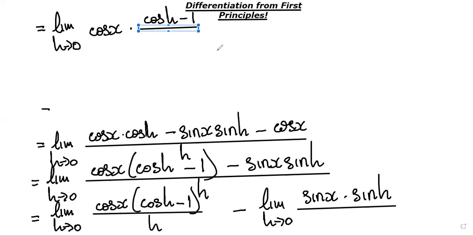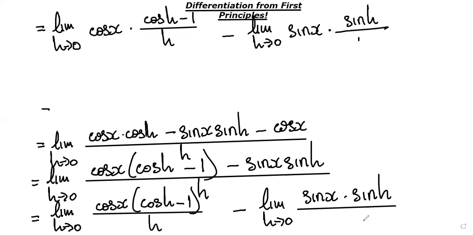Do you see that? And I'm going to do the same to the second quotient. So I'm just going to say I have sine x times the sine of h over h. Oh, I actually forgot an h here.